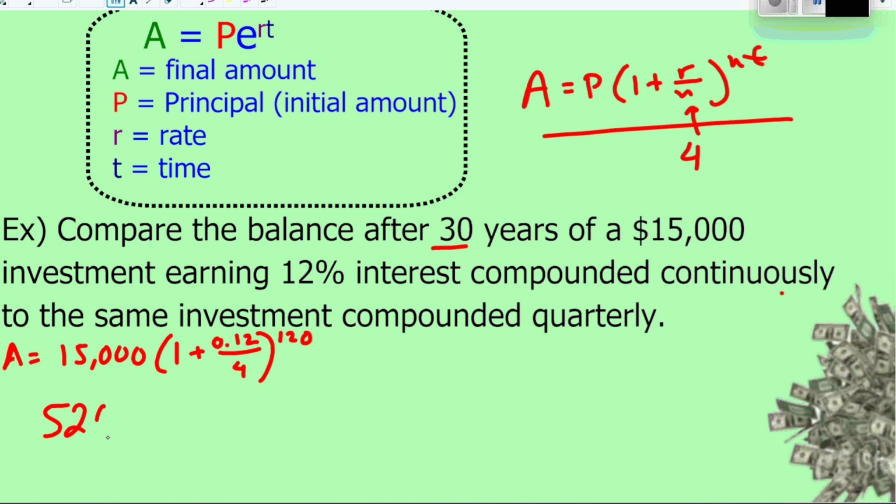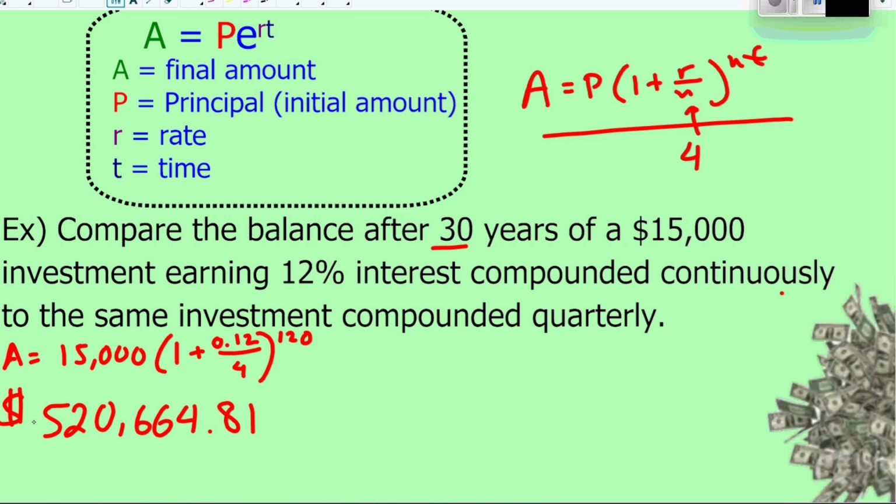I'm in my basement right now. It's really dark because we have a snow day. And so I can't see my calculator. All right, 520,664. And then this would be 81 cents. There we go. So $520,664.81.